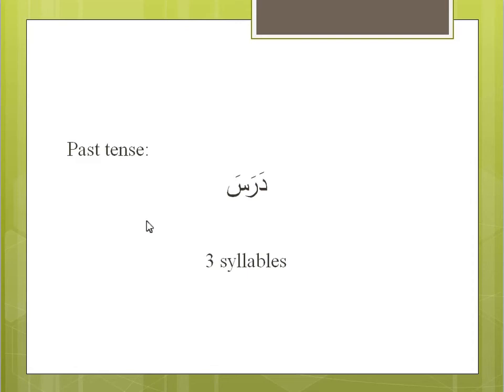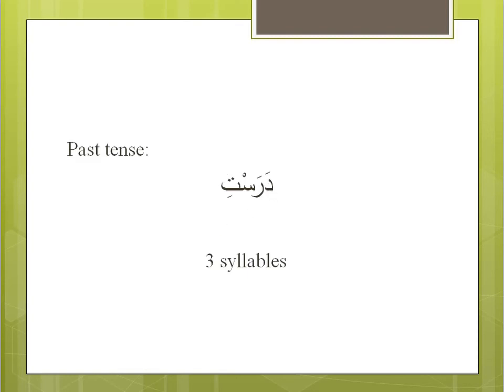But notice we always have the 3 syllables. So, darasa, hiya darasat. We have 4 letters, but we're still going to have 3 syllables. Ana darastu, right? 4 letters, still 3 syllables. Anta darasta. Notice the rhyme. Anta darasta. 3 syllables again.